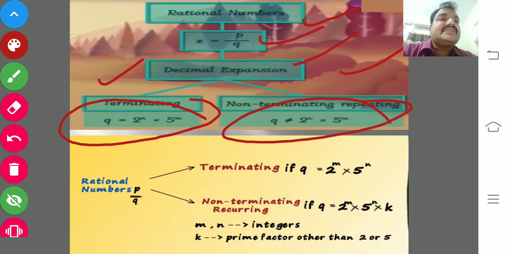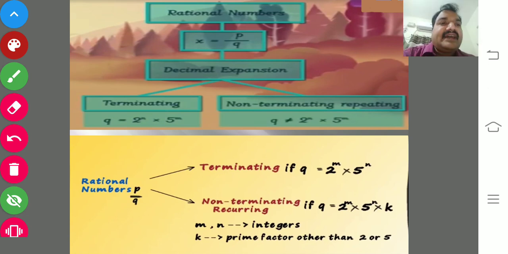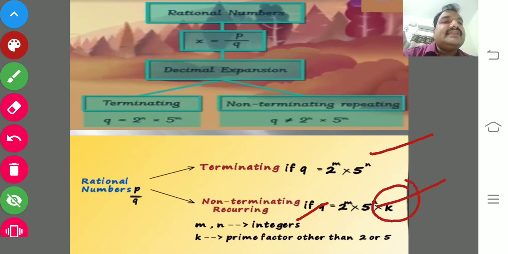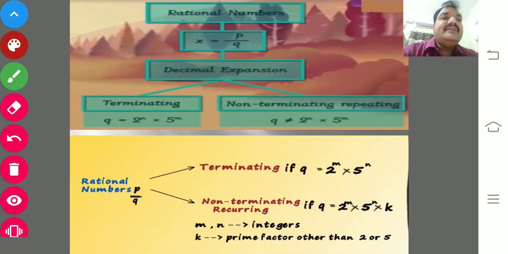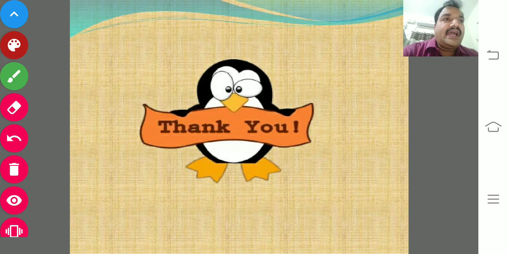If the denominator is not equal to 2 power n into 5 power m, it's non-terminating repeating. So the same thing is represented here. The p by q should be terminating or non-terminating, where m and n are integers. So along with that, 2 power m into 5 power n, and k is nothing but prime factors other than 2 or 5, giving non-terminating repeating decimals. I hope you could understand this session.